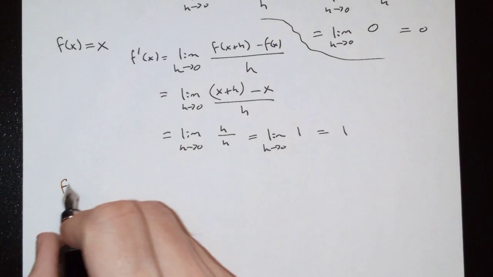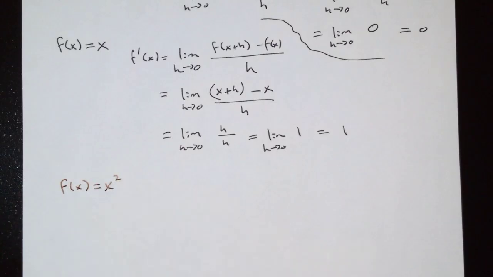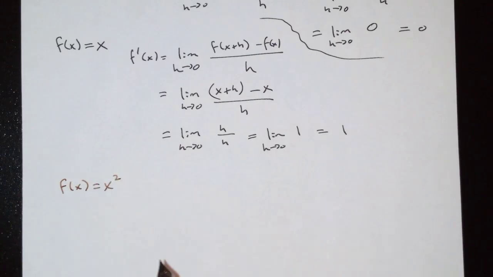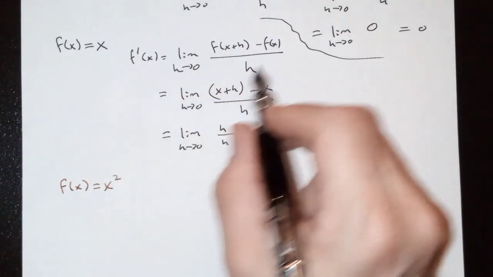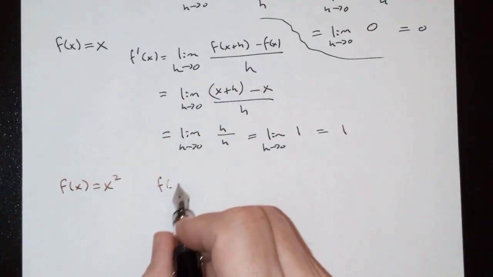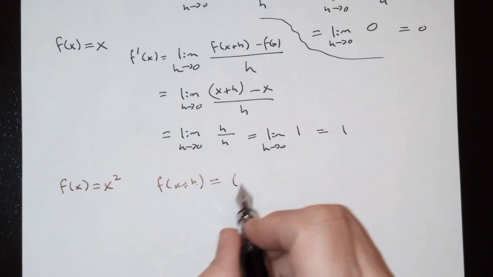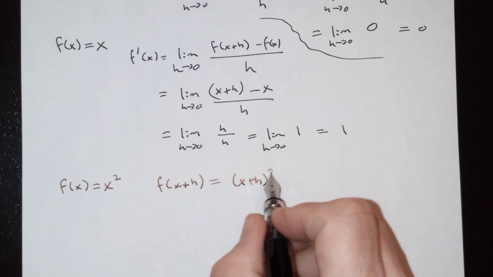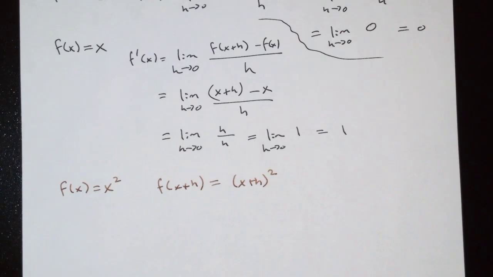So I'm going to do x squared. I'm going to do this calculation. That means I need f of x plus h, which is x plus h squared. Multiply that out.